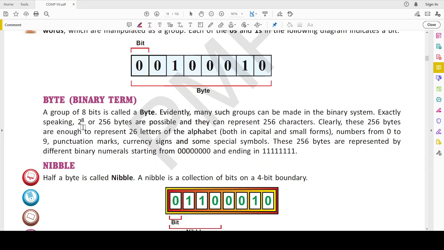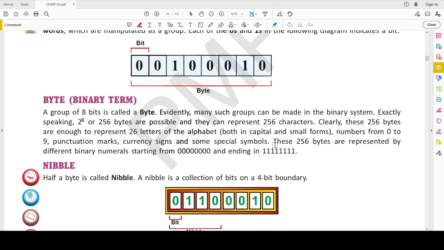Exactly speaking, 2 to the power 8 or 256 bytes are possible, and they can represent 256 characters. Clearly, these 256 are enough to represent the 26 letters of the alphabet, both in capital and small, numbers from 0 to 9, punctuation marks, currency symbols, and some special symbols.